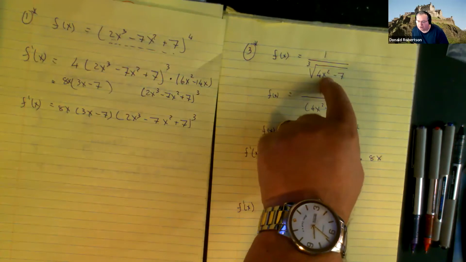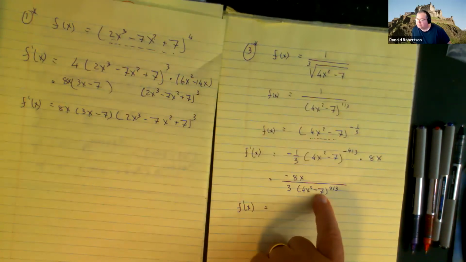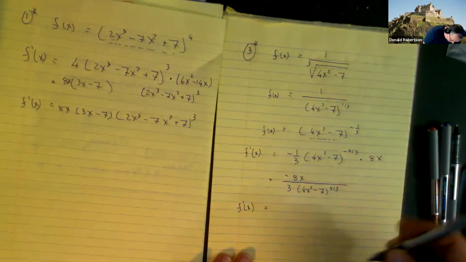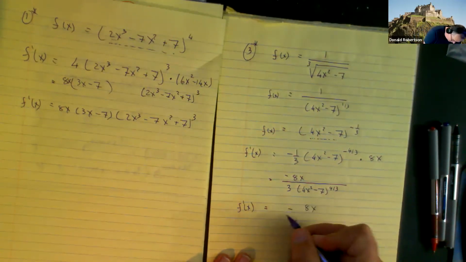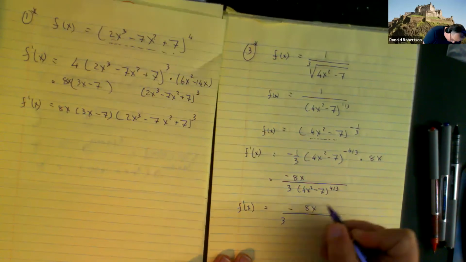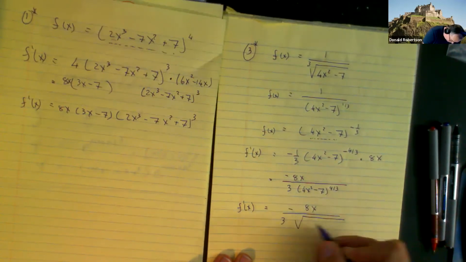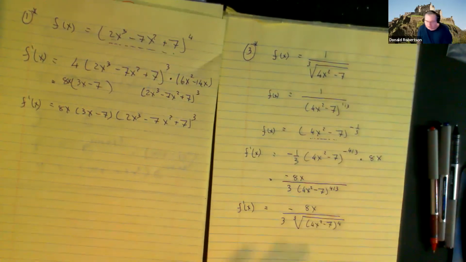Would you agree that the original does not look like that? So this guy has just got one last tweak. Cube root, because there's a 3 there. And there's your style points.